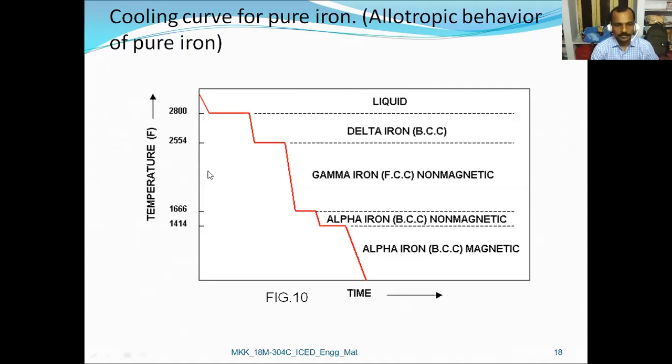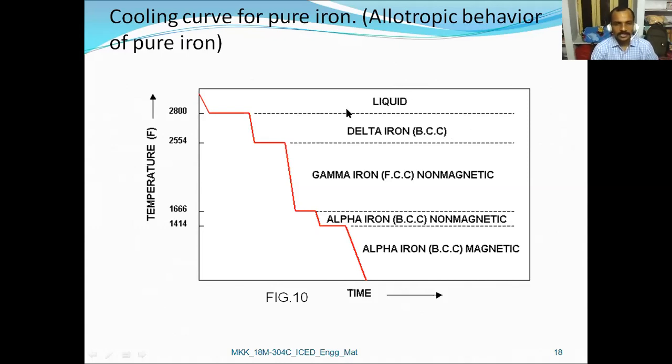We have discussed alpha, delta and gamma irons. Initially BCC magnetic changes to BCC non-magnetic, and then it becomes FCC non-magnetic, forming delta iron, BCC.